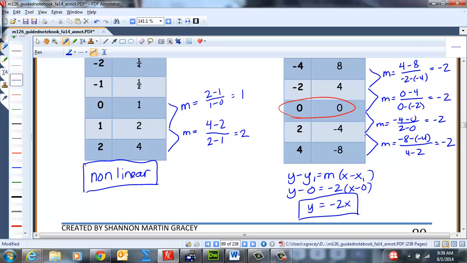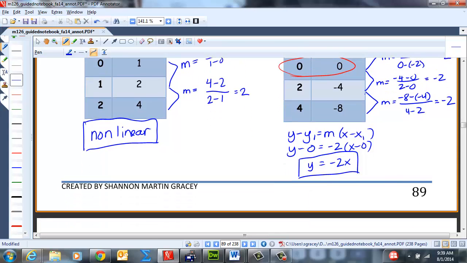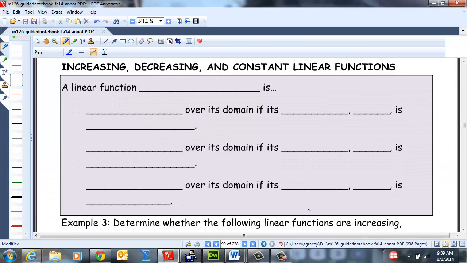Okay, moving right along. Increasing, decreasing, and constant linear functions. So a linear function, f(x) equal to mx plus b, is increasing over its domain if its slope m is, what do you think? Good. If you have a positive slope, as you move from left to right, your function is increasing, your y values are increasing.